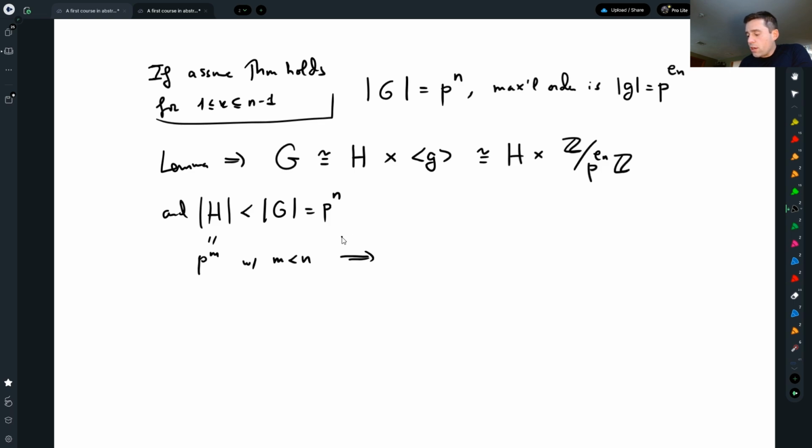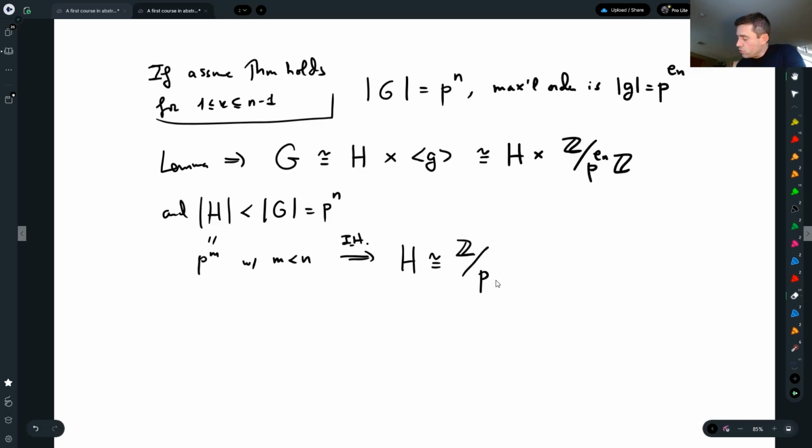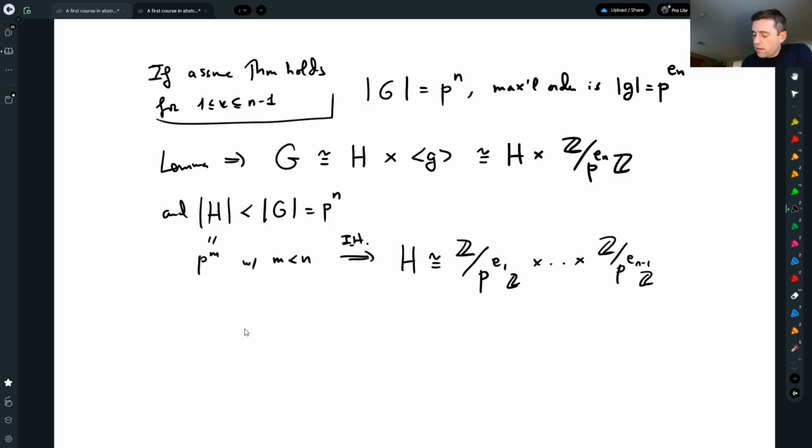So by the induction hypothesis, the theorem holds here, so H itself is isomorphic to cyclic groups that are of order powers of p, up to Z modulo p to the e n minus 1 Z.